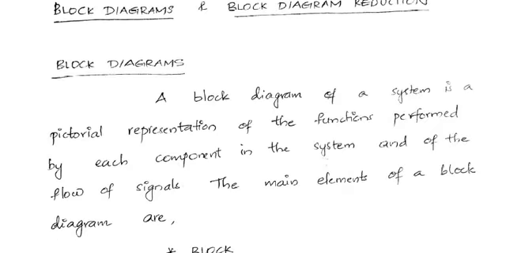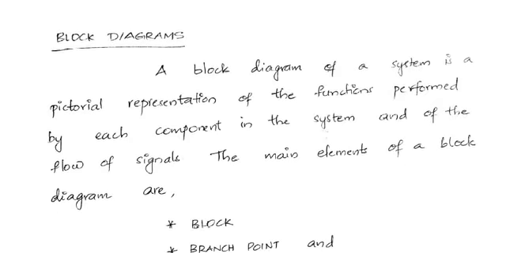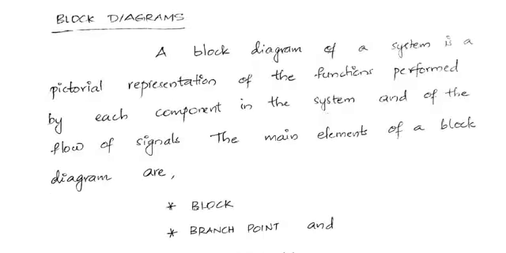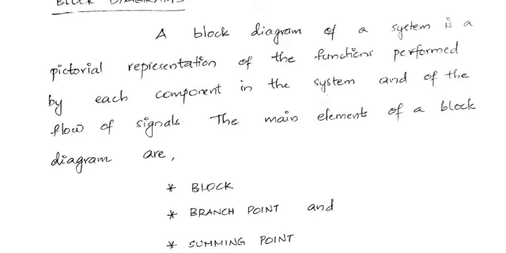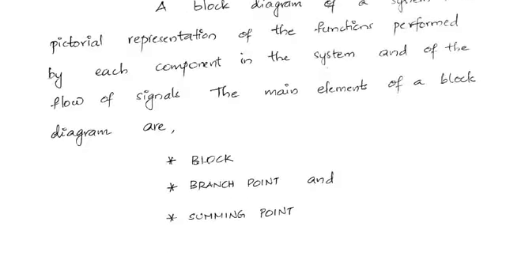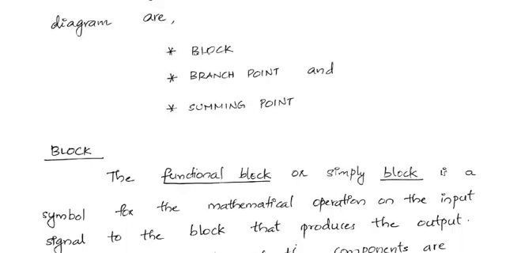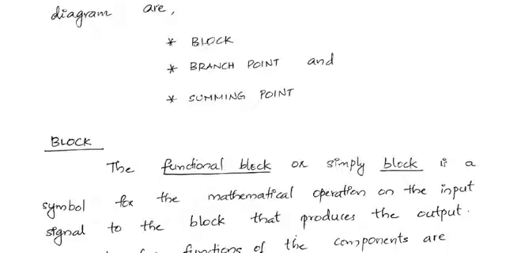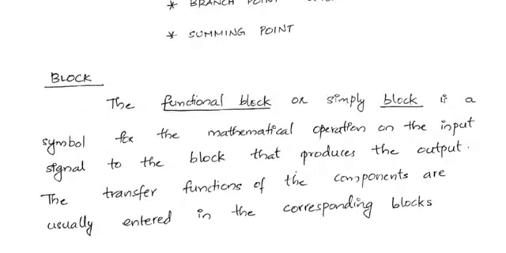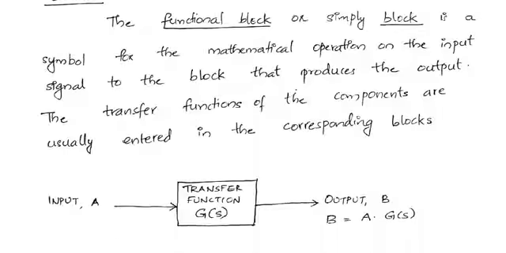If you look at the block diagram, we can see three main elements, and the three elements are block, branch point and summing point. Block means it's actually a symbol for the mathematical operation on the input signal. See, for example, this one.